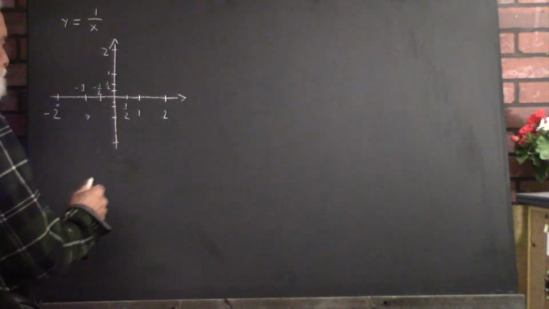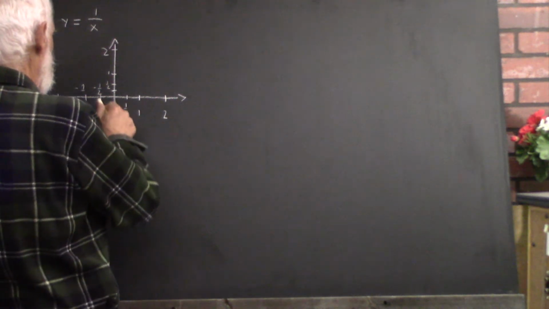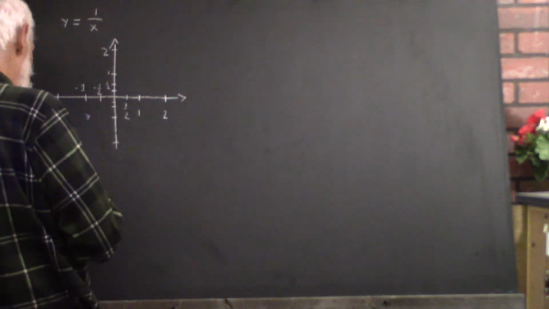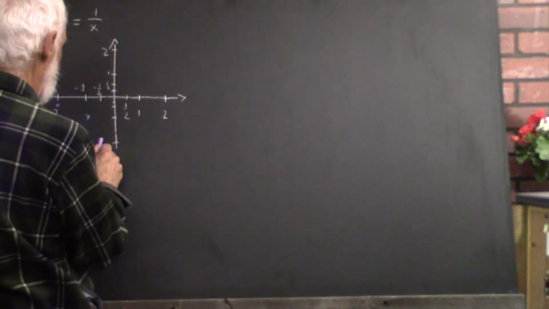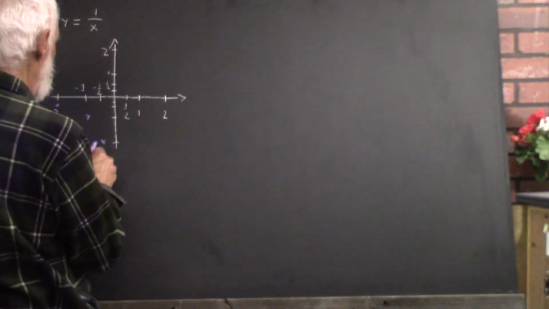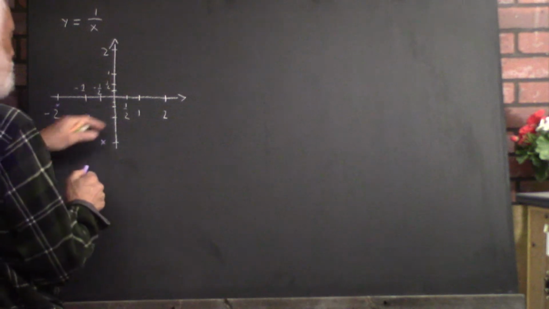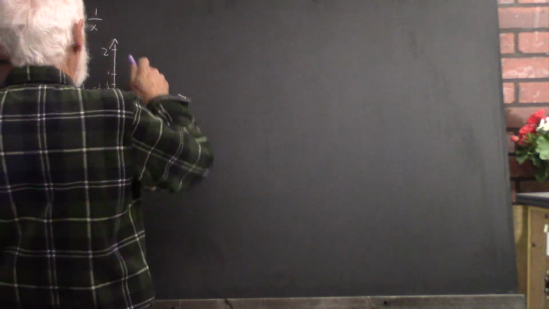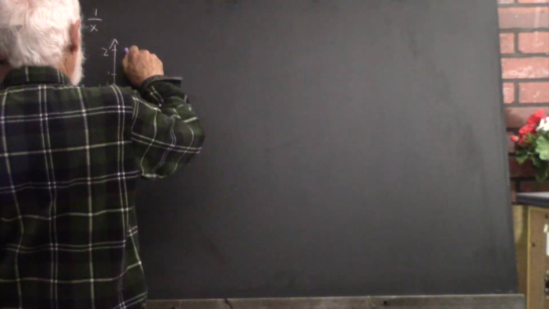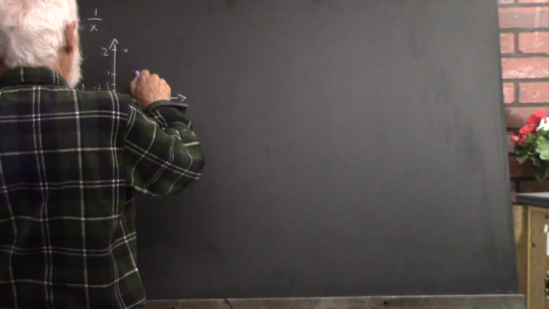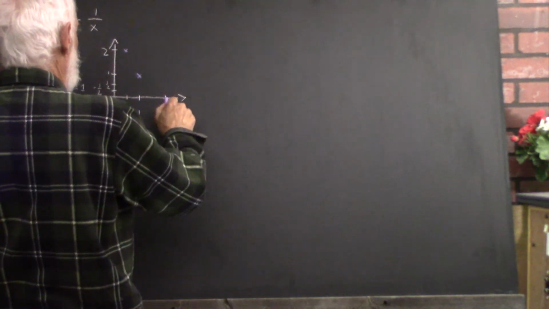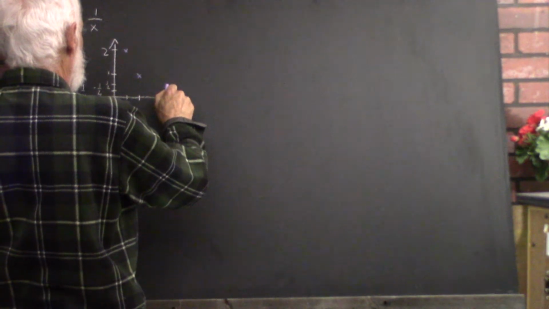Okay, so I'm going to have -1/2, -2. That point is going to be down here. And then 1/2, 2 is going to be about here. 1, 1 is going to be about here. And 2, 1/2 is going to be about here.